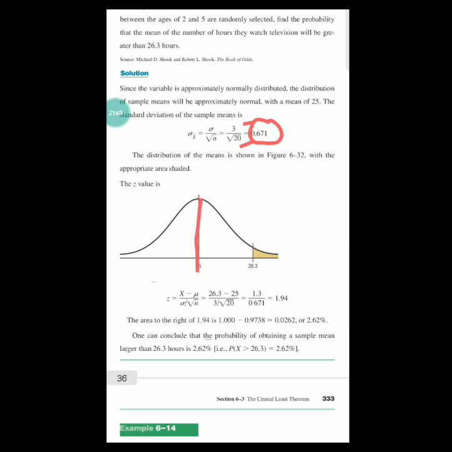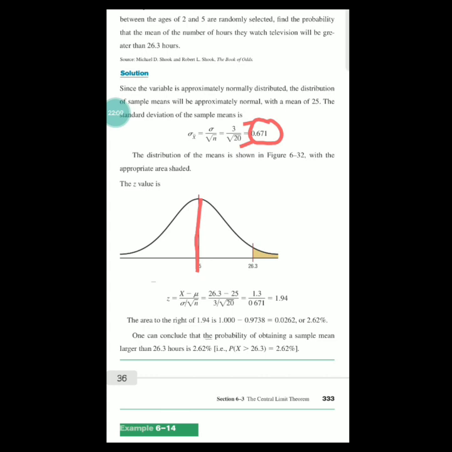So, for our 26.3 in our example, this is the mean number of hours that the children watch television.